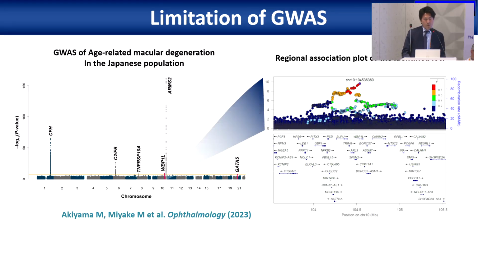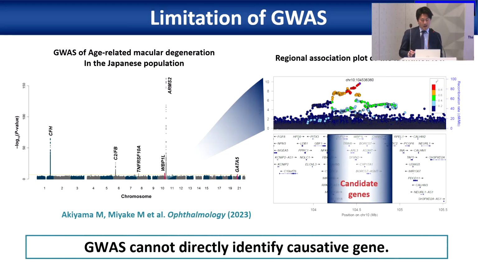One of the regional association plots of the identified loci is shown on the right. This locus contains multiple positional candidate genes, and we cannot determine which gene is responsible for disease onset. So integration with other omics data is essential to narrow down the candidate genes.